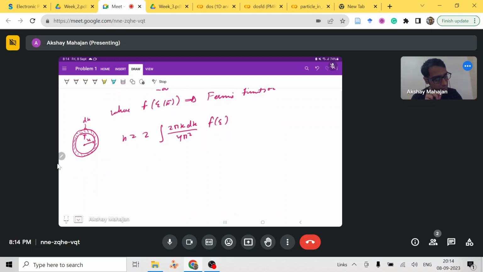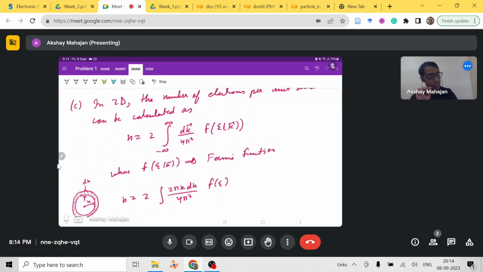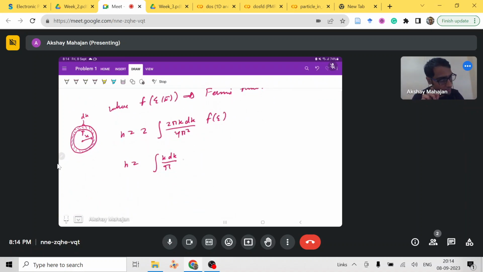Then we can just do the cancellations, and whatever we have is k dk divided by pi. The multiplication of 2, you must already know, is for the spins.